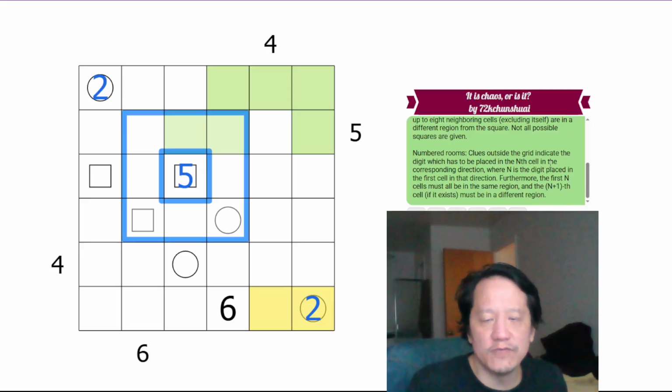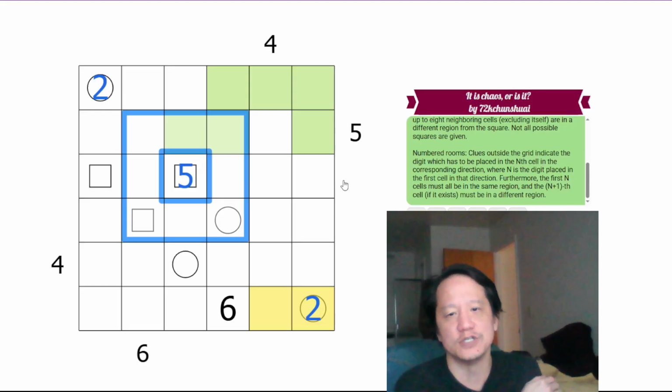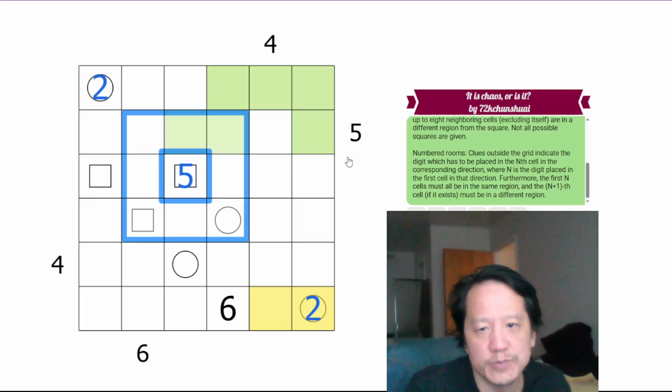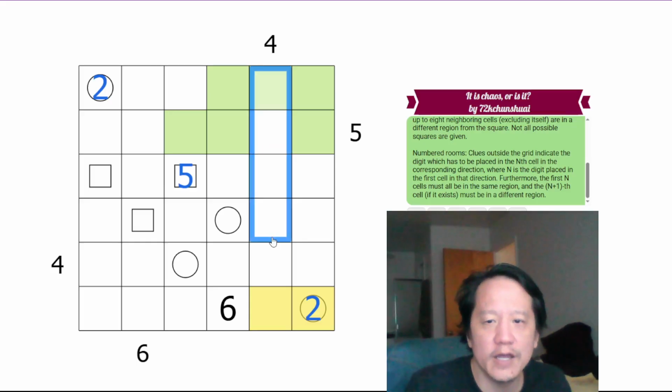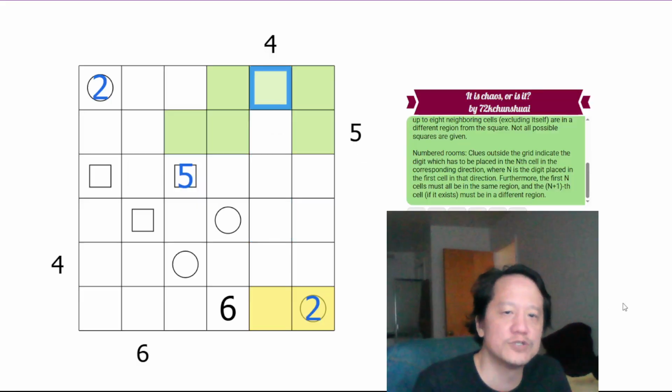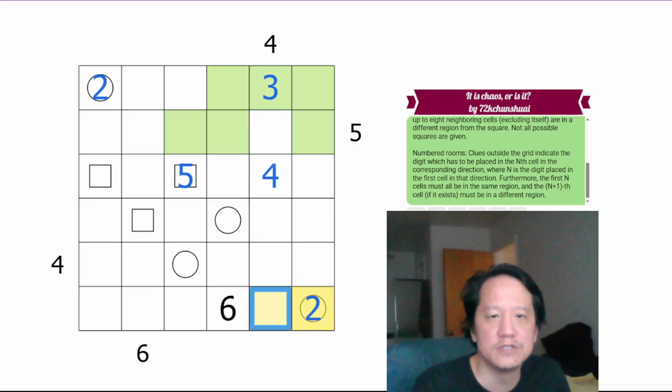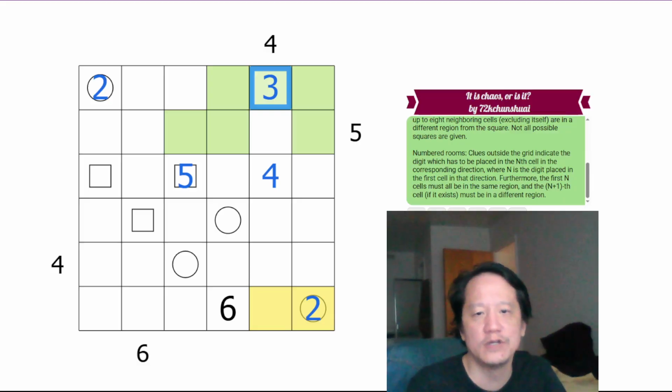And finally, we have numbered rooms, where clues outside the grid indicate the digit which has to be placed in the nth cell in the corresponding direction, where n is the digit placed in the first cell in that direction. So, for example, if this were, say, a 3, that would mean 4 has to be placed in the third cell in the corresponding direction, because the clue is the 4 outside of the grid.